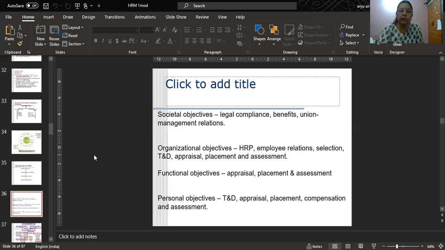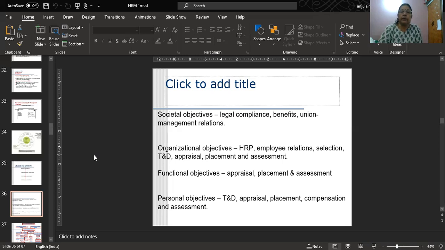So based on that, each department will do performance appraisal, like manufacturing department, marketing department. Each department will do appraisal of their employees and placing the employees in the right job within the department and assessing their performance in the department.